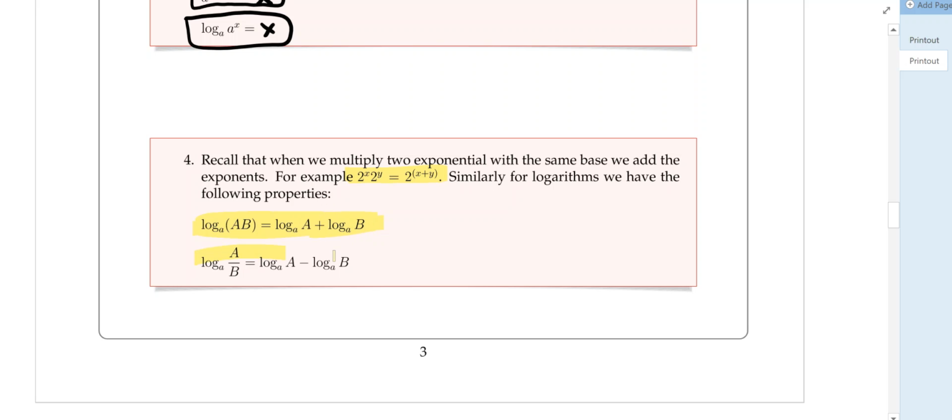And then when we have logarithm of base a of A divided by B, whatever your A is, A can be x plus 2 and B can be 200, so when you're taking log of a quantity divided by another quantity, this is going to turn into log of the first quantity, so log of the top, minus log of the bottom of the fraction. Okay, so these are rules that you're going to have to remember in order to solve any problems with logs.